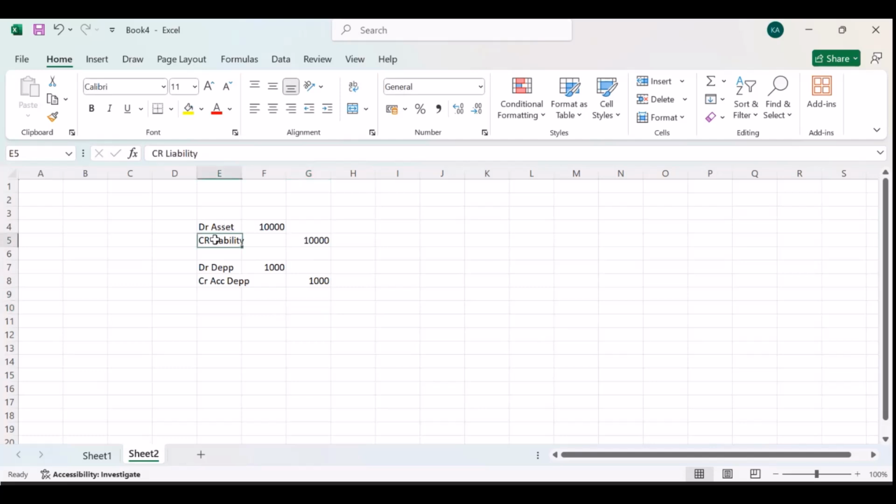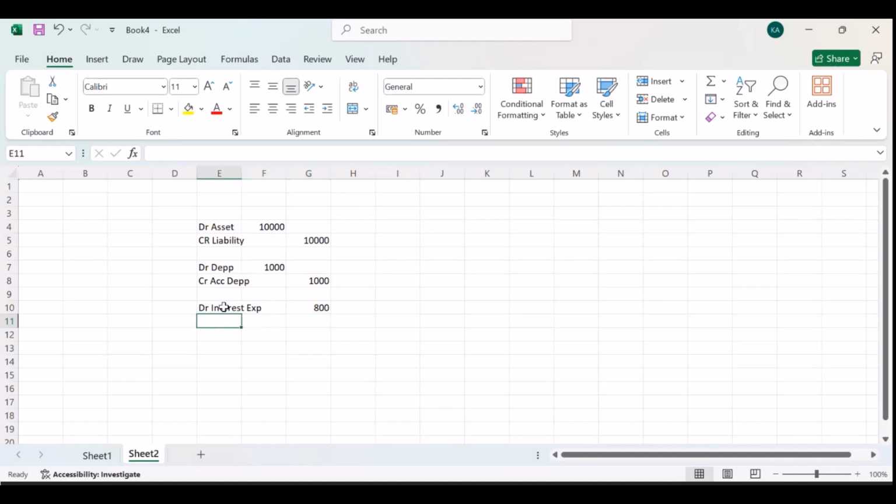Because I have this liability here, I must account for what? The interest. So let's say my interest rate is maybe 8%. Interest rate is 8%. So debit interest expense of how much? Is it 800? 800.